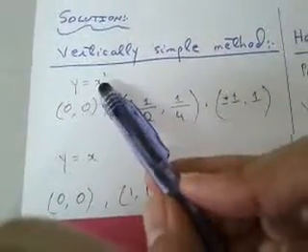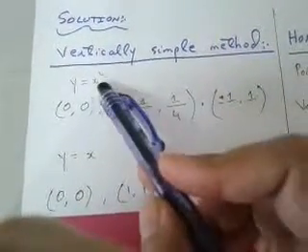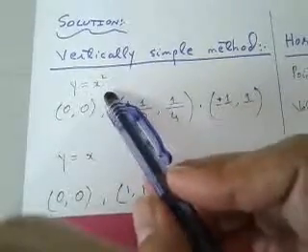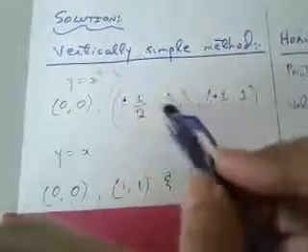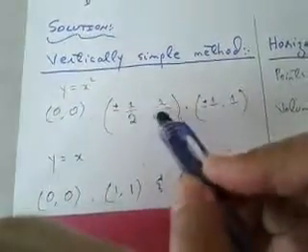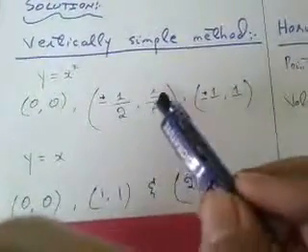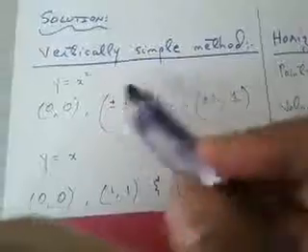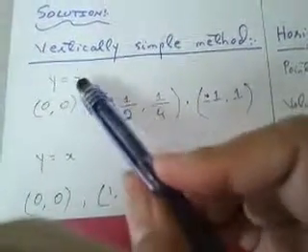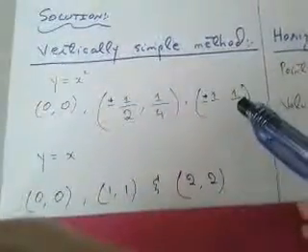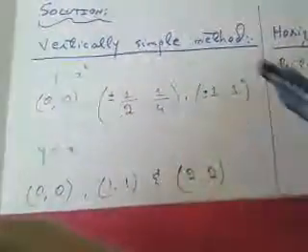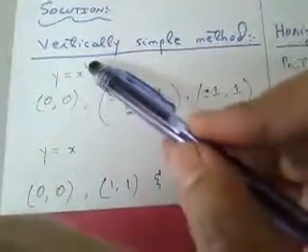For x equals 0, y is also 0, and if you put x either positive half or negative half, in both cases you are going to have the same value of y, which is 1 upon 4. These are the two points that I wrote in a single ordered pair form. In the same way, if you put positive or negative 1, in both cases you are going to have the same value of y, which is 1.